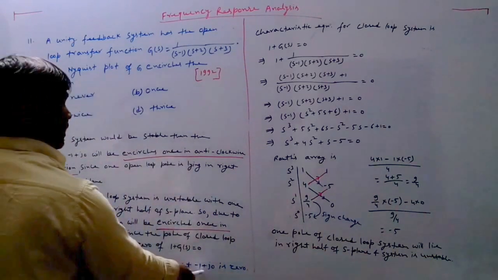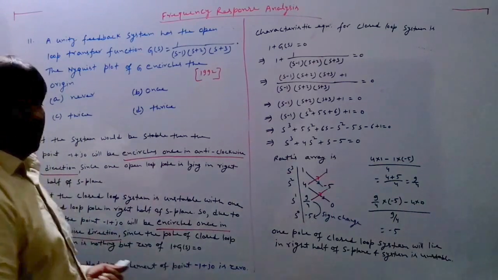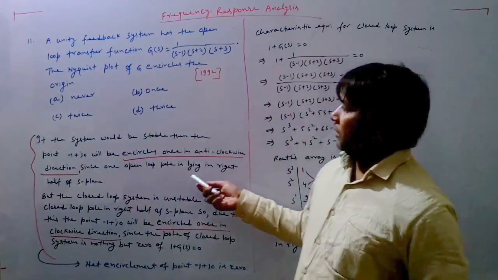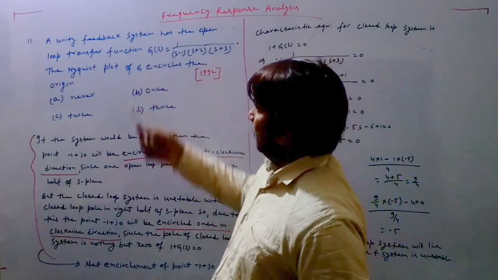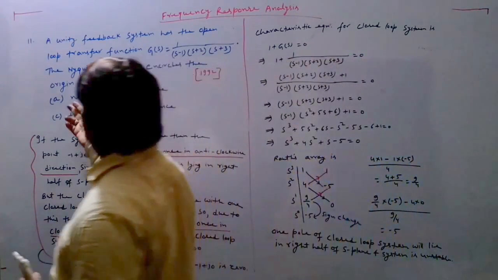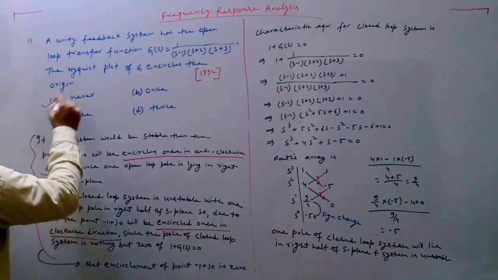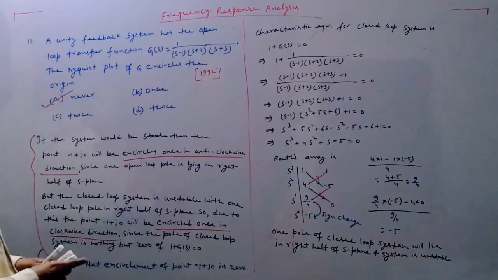If there is no encirclement of -1 plus j0, there will be no encirclement of the origin also. So it will be never encircled.